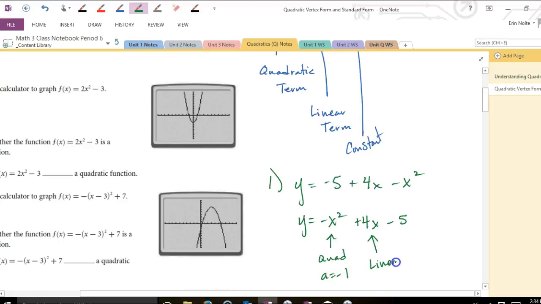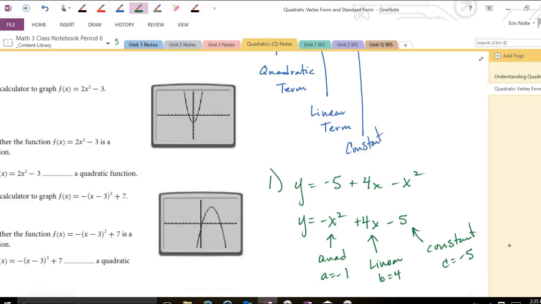What's the b value? 4. Okay, here's my constant. What's my c value? -5. Everybody good with that? Just identifying each little piece. Good?